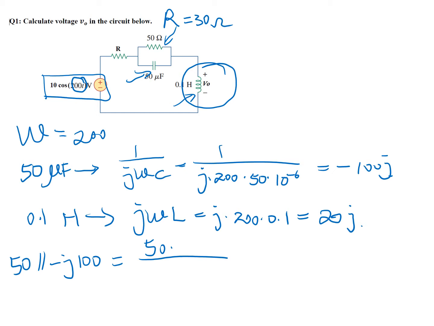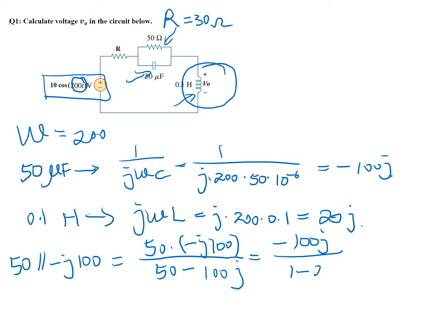So that's 50 times negative 100j over 50 minus 100j, which is equal to negative 100j over 1 minus 2j, and simplifying this, we get 40 minus 20j.